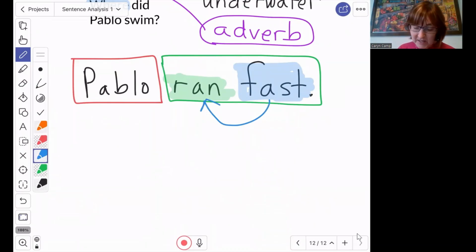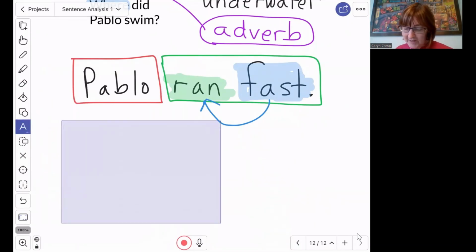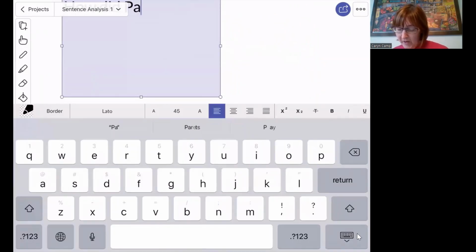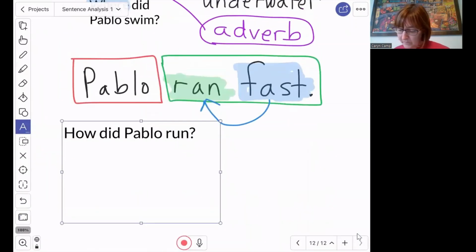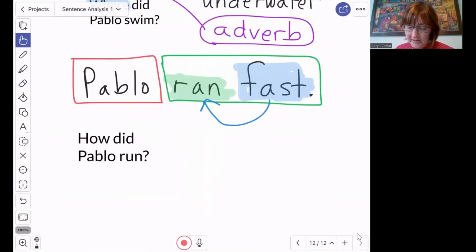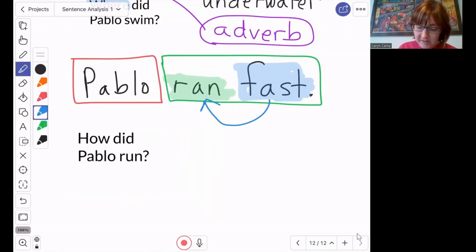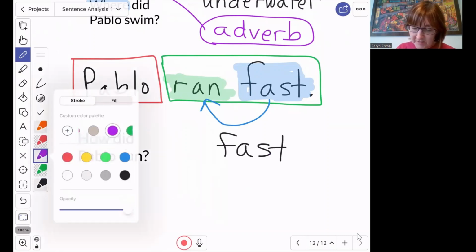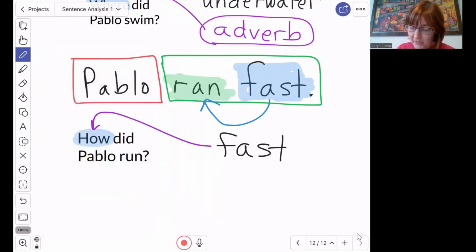Okay, so the question here, I just gave you the answer. The question is, how did Pablo run? And this question begins with the word how. And the answer is fast. And it is answering the question, how, with one word, and so it's an adverb.